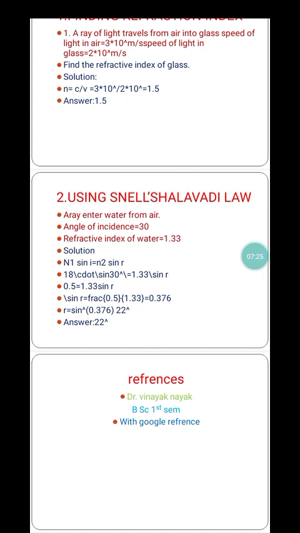Solution: n1 sin I equals n2 sin R. Sin I equals n2 sin R, so 0.5 equals 1.33 sin R. Sin R equals 0.5 divided by 1.33 equals 0.376. R equals sin inverse of 0.376, about 20 degrees. Answer is 20.